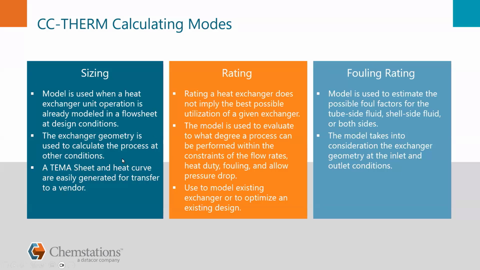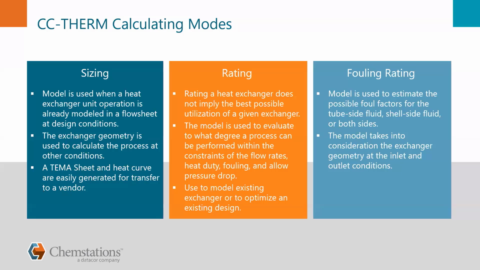Or we can get a rating. If we have an exchanger that exists in the plant, we can rate this heat exchanger and see whether it is actually doing the job that it was meant to do. Is it evaporating as it should? Is it condensing as it should? Or is it just not really doing what it's supposed to do?